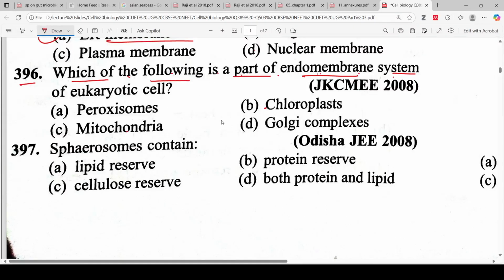Peroxisomes, mitochondria, chloroplast, and Golgi complex. The correct answer will be D. Golgi complex is part of the endomembrane system in eukaryotes. Next question. Spherosomes contain lipid reserves, cellulose reserves, protein reserves, or both protein and lipid reserves. So the correct answer is lipid reserves.